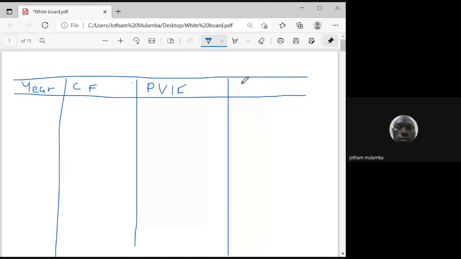Somebody to suggest for us what percentage you want us to use. Anybody to suggest a percentage that you would like us to use?